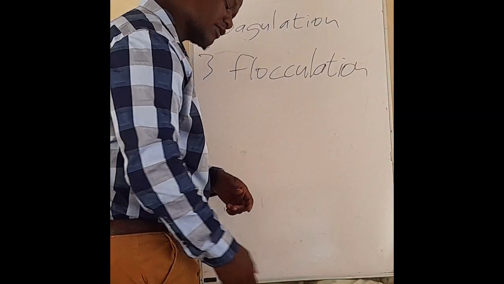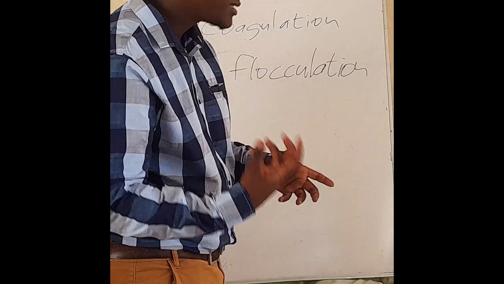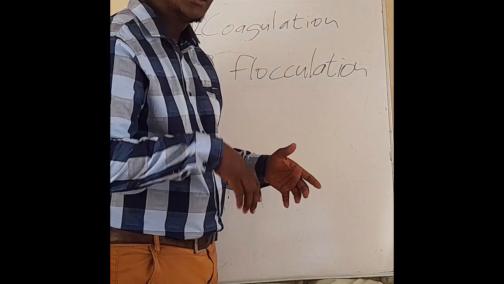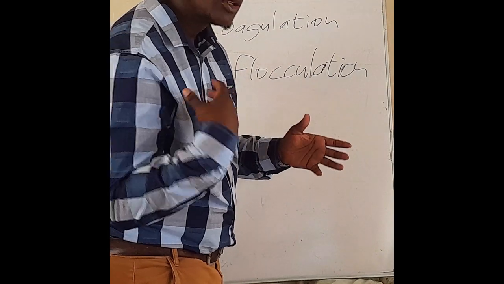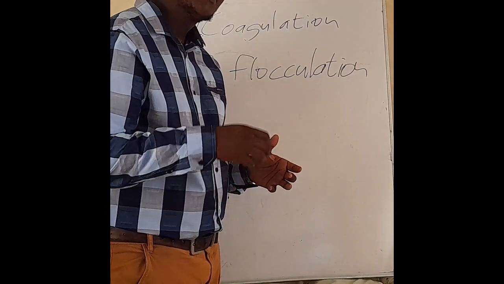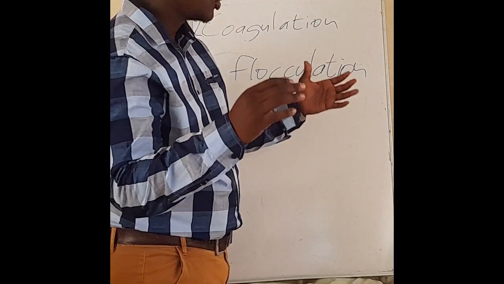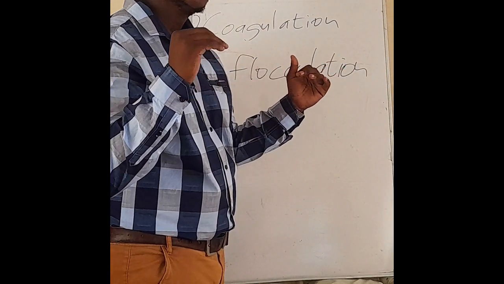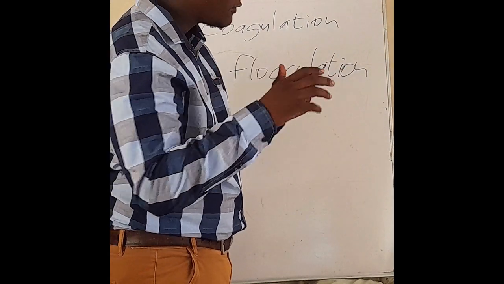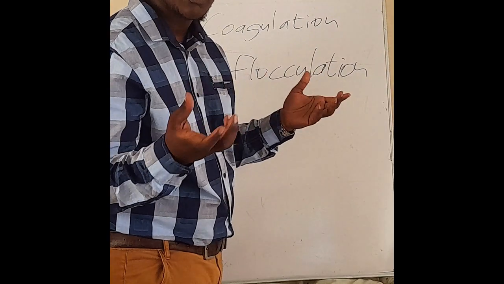And basically now under flocculation, the high speeds that we got under coagulation will now be slowed down. The reason for that is for those suspended flocks, basically we'll now call them flocks.